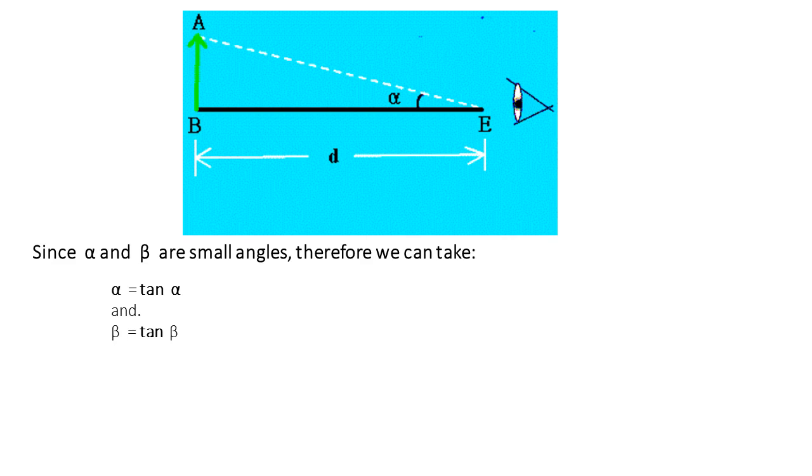Here we have denoted our angle in the diagram as alpha. If you consider right angle triangle ABE, tangent alpha equals perpendicular upon base, which is AB upon EB. Since tangent alpha equals alpha, alpha becomes equal to AB upon D, which is our equation A.